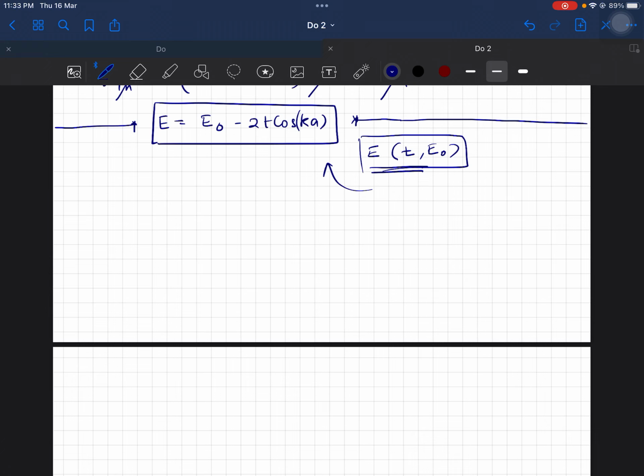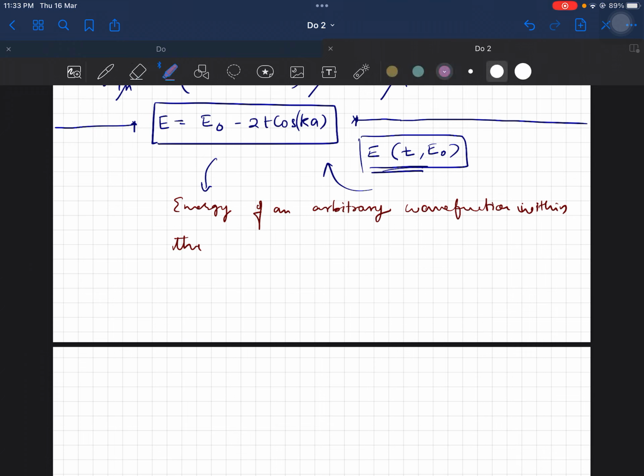So what next? The spectrum. You get the energy of an arbitrary wave function within that Hilbert space, within the Hilbert space under consideration.